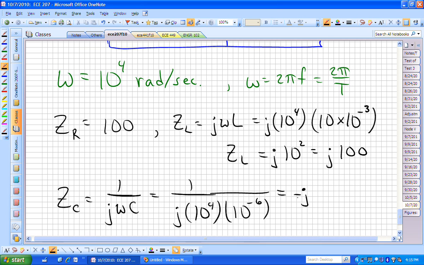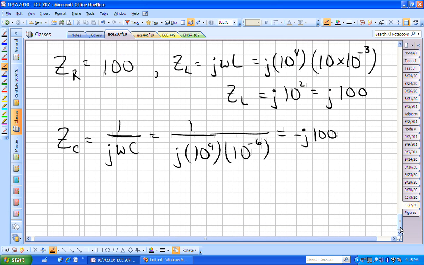I can do that by multiplying or flipping it, but remember you have to change the sign if you do that, or you can multiply by J over J. But this is now 10 to the minus 2 in the basement, or 100 if we pull that upstairs. And so now the impedance of our capacitor is minus J100.